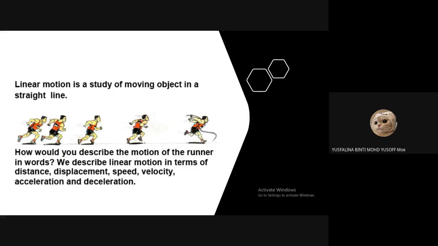We describe linear motion in terms of distance, displacement, speed, velocity, acceleration, deceleration. All these words we use to describe linear motion. You will see the difference between distance, displacement, speed, velocity, acceleration, and deceleration.